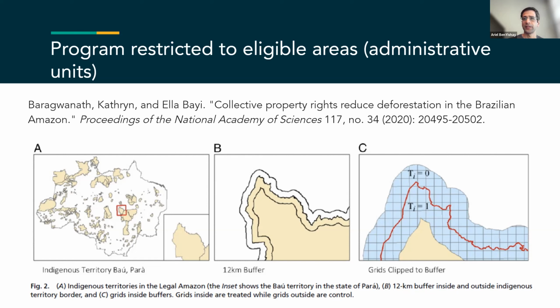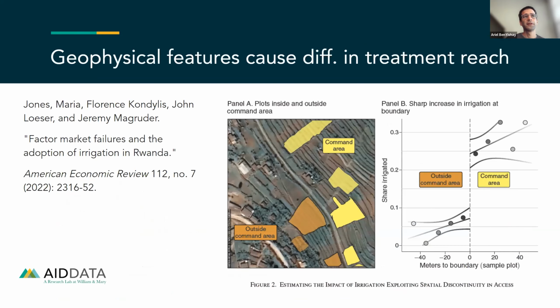These authors are going to look for big differences in treatment effects based on whether that unit is on the inside or the outside of that border. Again, because they've got this into grid cells, they can look individually at grid cells based on the distance of the center of that grid cell to the border itself. So this is, I think, one really nice example of this.